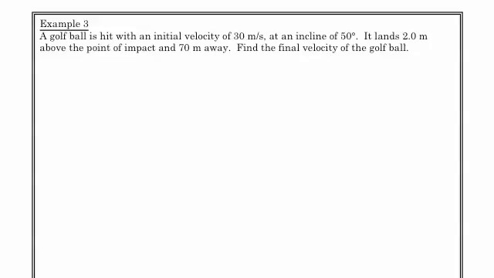I'm actually telling you the initial velocity vector, and we're going to have to resolve that into its x and y components. But I tell you that the ball lands 2.0 meters above the point of impact and 70 meters away. So what's the final velocity of the golf ball? So I'm asking you for some different stuff here.